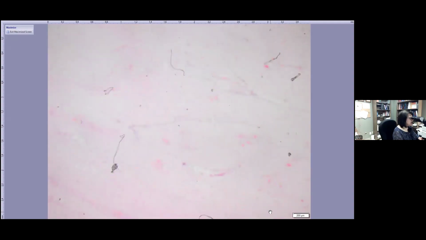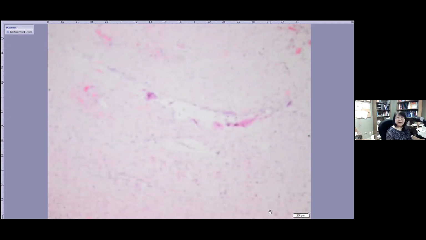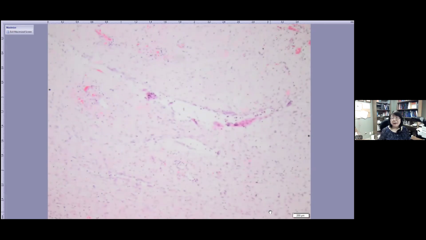Oh, here. Kind of like a cystic space here. Those cystic spaces are lined by occasional giant cells and spindle cells.